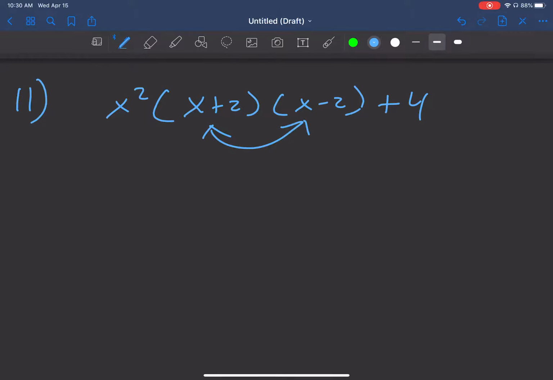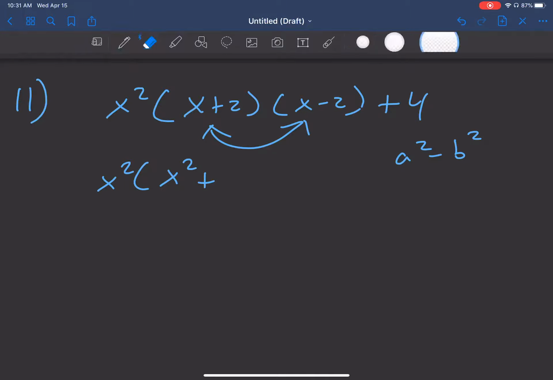It's the a squared minus b squared formula showing up again. In this case, our a is going to be x, and our b is going to be 2. So you really get x squared times x squared minus 2 squared, plus 4.